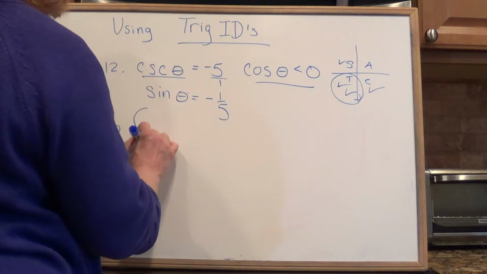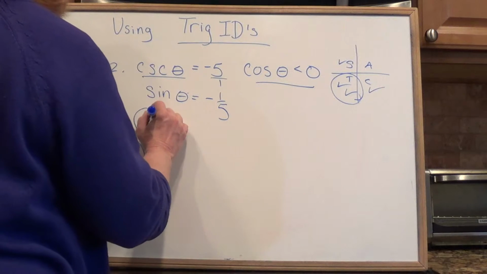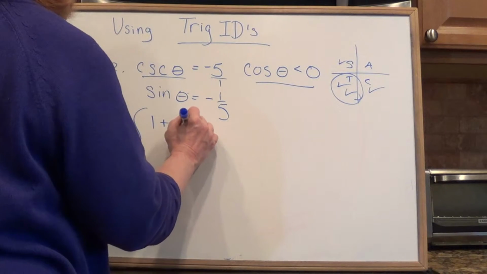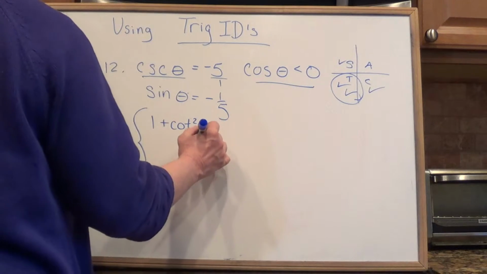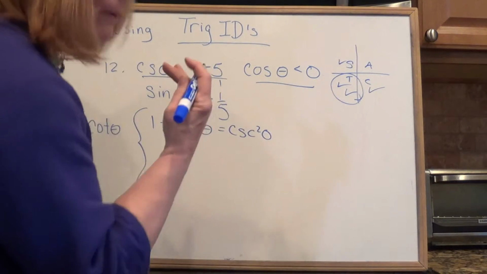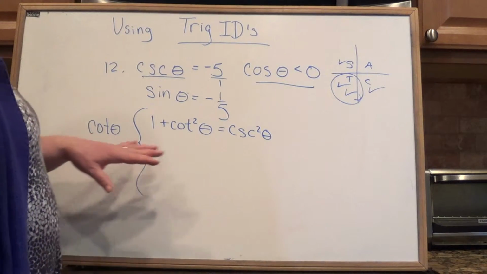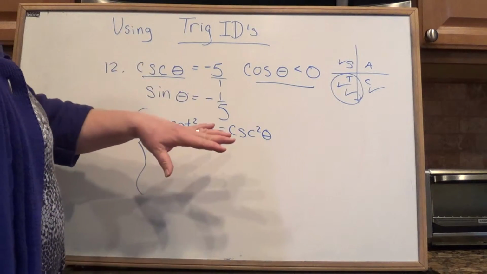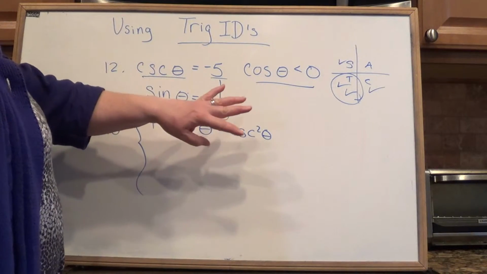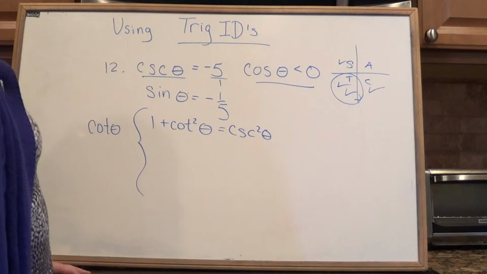So I'm going to grab a trig ID that has cotangent in it: 1 plus cotangent squared theta equals cosecant squared theta. I prefer to work in a function like tangent is sine over cosine, or cotangent's cosine over sine, but we don't even have enough information to do that.